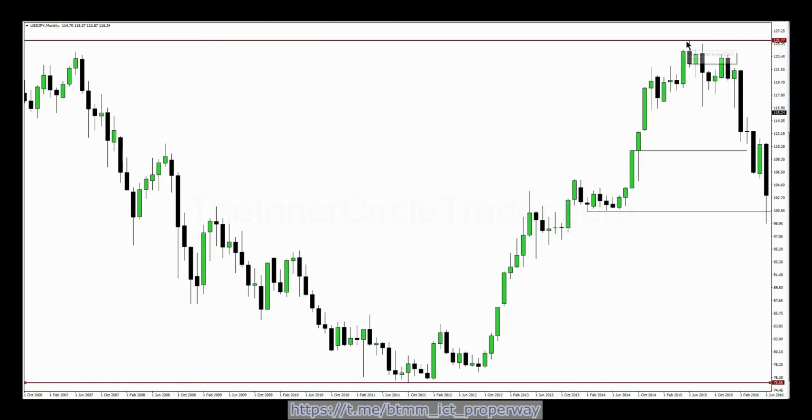In the context from this high to this low, it's internal range liquidity. But from this low to this high, it's external range liquidity because it's piercing it down here.